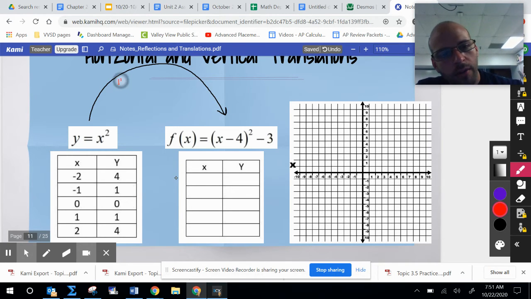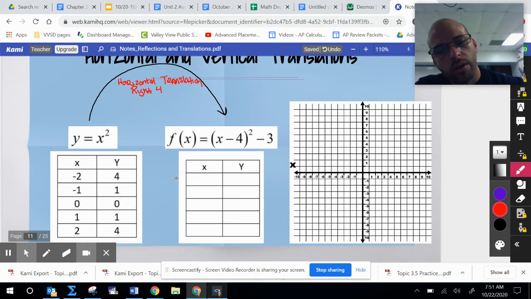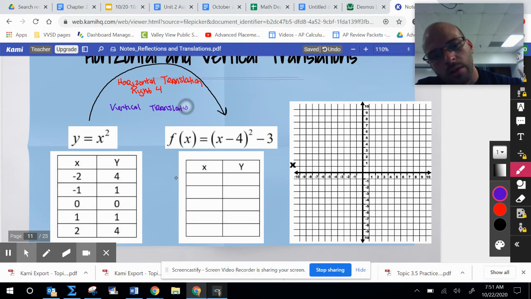So I'm going to have a horizontal translation right 4. I'm also going to have a vertical translation down 3.